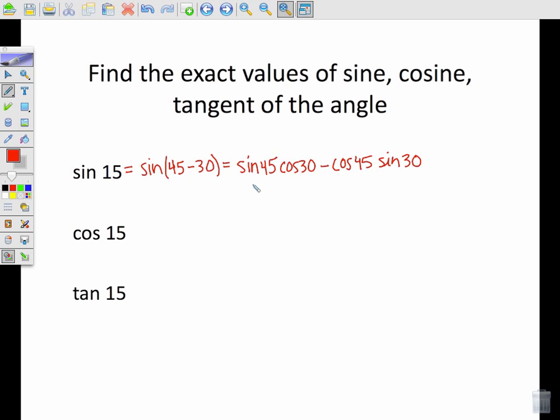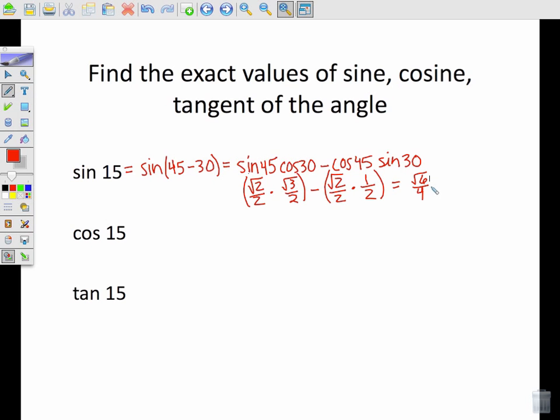All right, we've got sine of 45 from the unit circle is root 2 over 2. Cosine of 30 is root 3 over 2. Cosine 45 is root 2 over 2. And sine of 30 is a half. All right, this concludes then we've got the root 6 over 4, because you're going to multiply these together, go ahead and do the multiplication here, and then add.